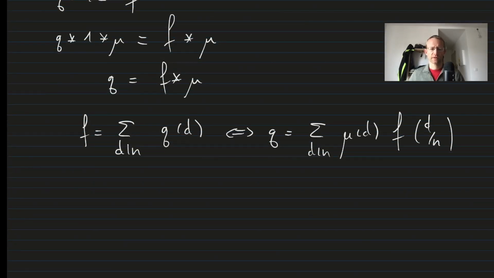So if f is related to g by a sum over divisors, then we now know that g is related to f by a sum over divisors times the Möbius function. This formula or property is called Möbius inversion, and it is very useful in number theory.